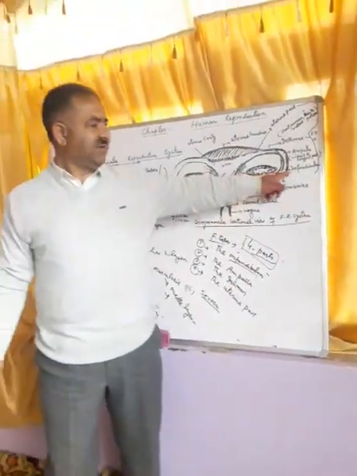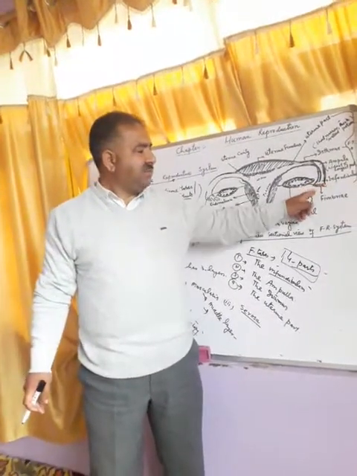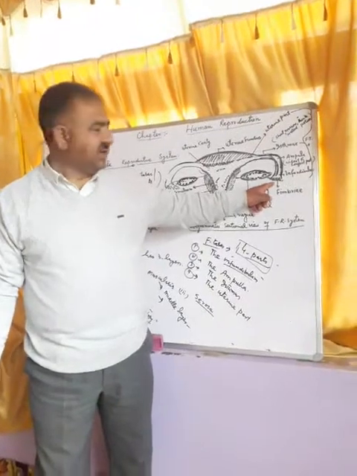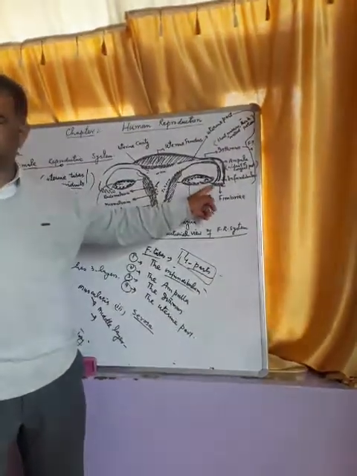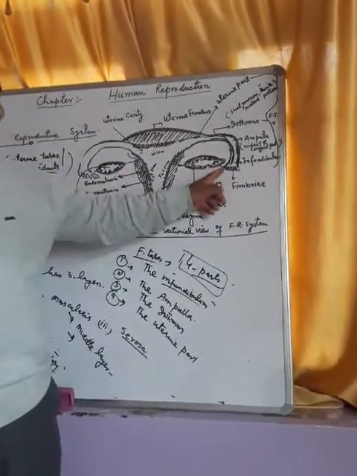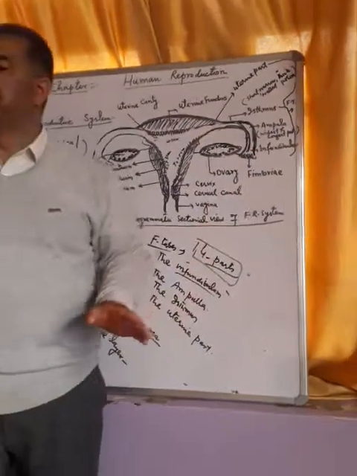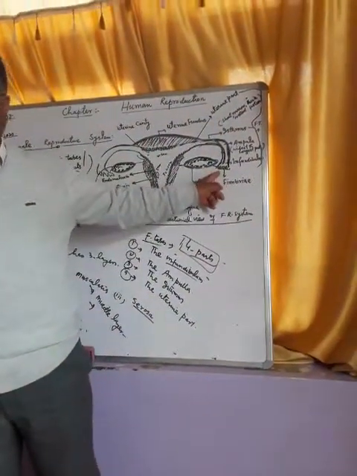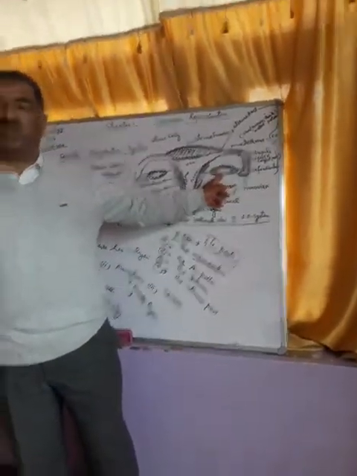The infundibulum is the funnel-shaped, fimbriated end. It is the free end of the fallopian tube, which is in close contact with the ovary.